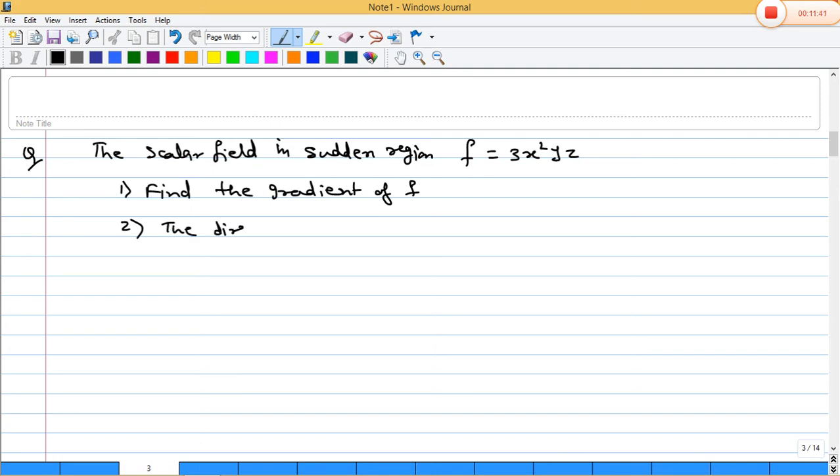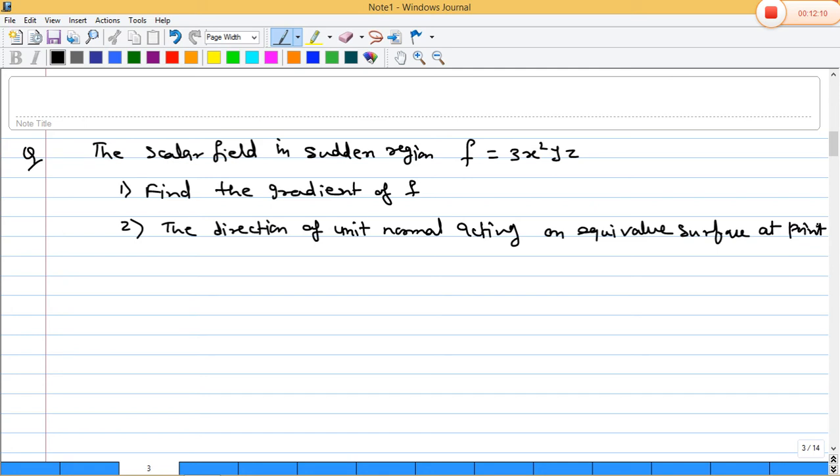Now second one: the direction of unit normal acting on the equivalent surface at point (1, 1, -1).